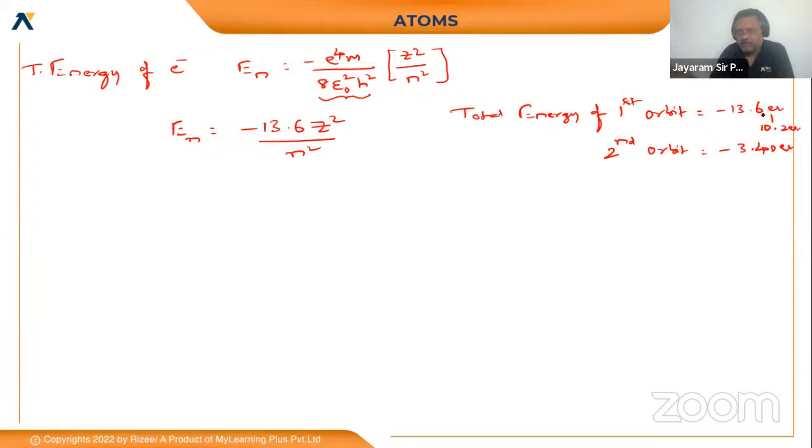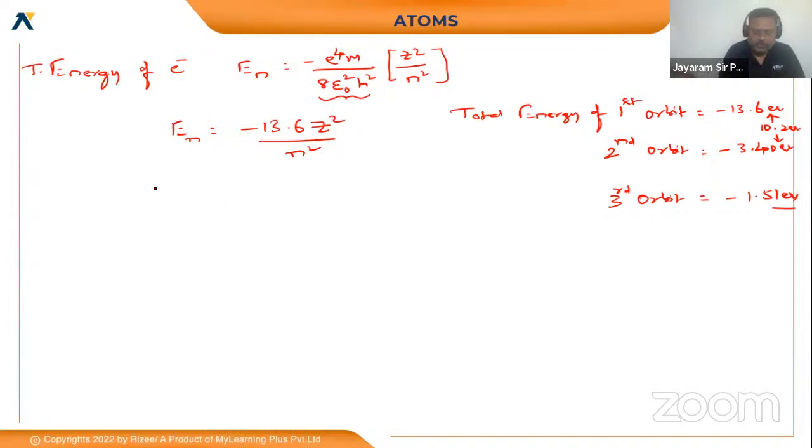That means if I want to send an electron from the ground state, that is first orbit, to the second orbit, I have to supply 10.2 electron volts. Now third orbit, sir. Third orbit means n value you have to substitute as 3, Z value will be 1, and you need to solve that one. So that is minus 1.51 electron volts. Next, you can substitute 4, you'll be getting 0.85 somewhere around. So you just need to remember these values.